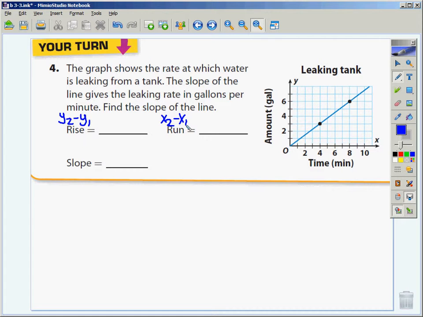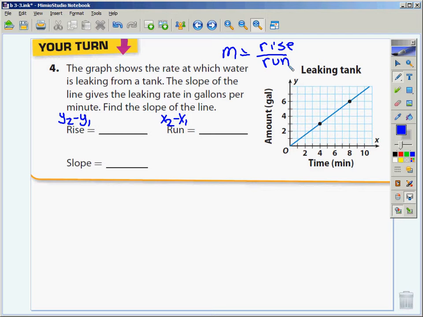There are so many people that teach that slope is rise over run. And it is. In fact, it is. I could count how much it goes up, that's the rise, or down. And I could count how much it goes left to right, that's the run. Okay? But I can always use the formula.